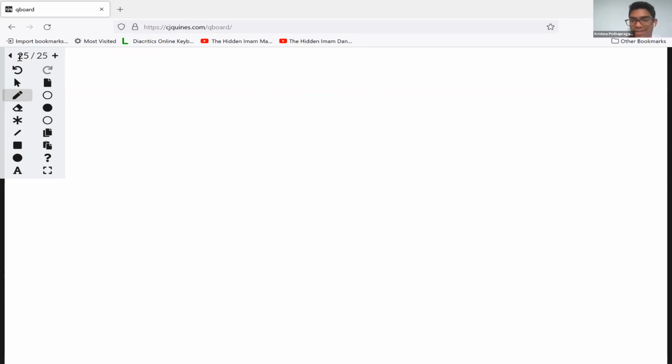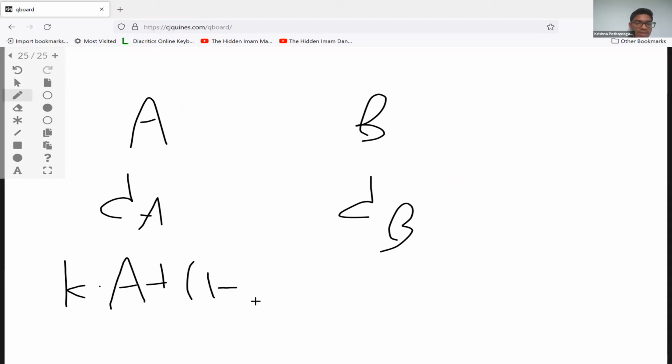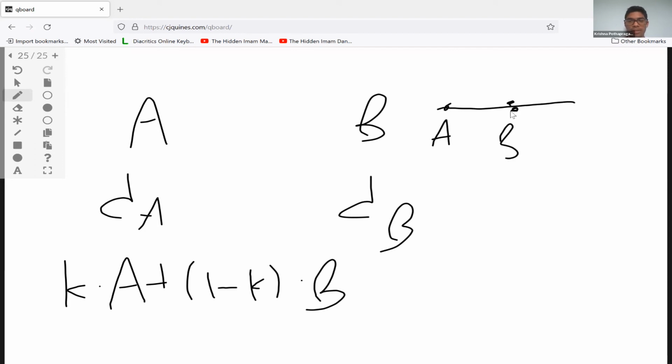Actually, no, there is one more thing I will talk about. Sorry, quick, guys, but this will not take a long time. If we have 2 points, A and B, this has degree A, this has degree B, then what is a bound on the degree of the point K A plus 1 minus K times B, which is basically a point on line AB?